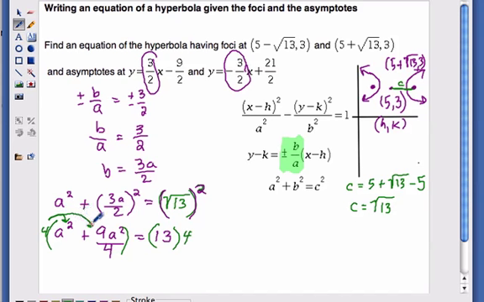That's going to allow me to get rid of my fractions altogether. So that'll give me 4a squared plus, and then 4 times 9a squared over 4, the 4's cancel out and leaves me with 9a squared, equals 13 times 4, so that's 52. Okay, so I add these together and that gives me 13a squared equals 52.